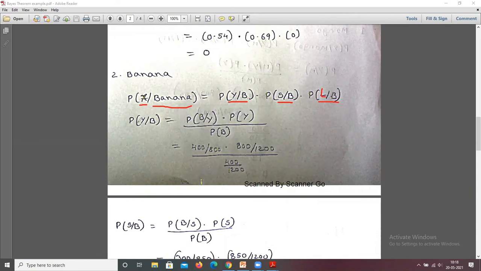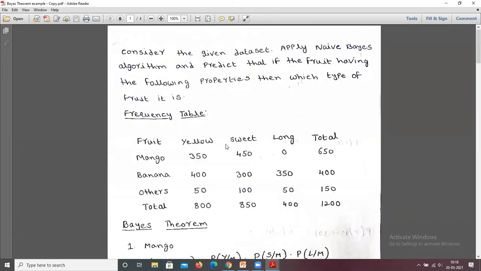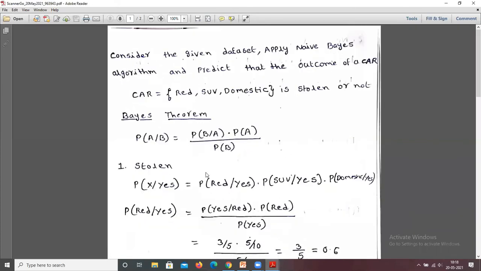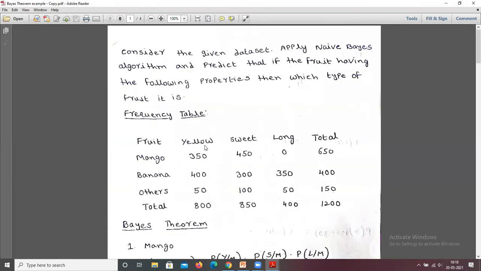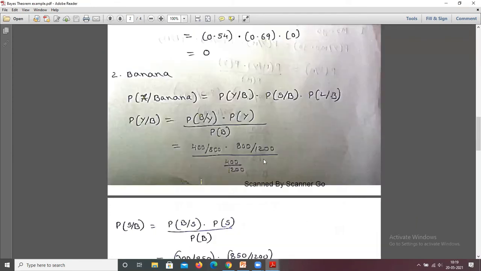Probability of Y by B equals probability of B by Y. B by Y means banana and yellow, that means 400 by 800, into P of Y, so 800 by 1200, by probability of B.